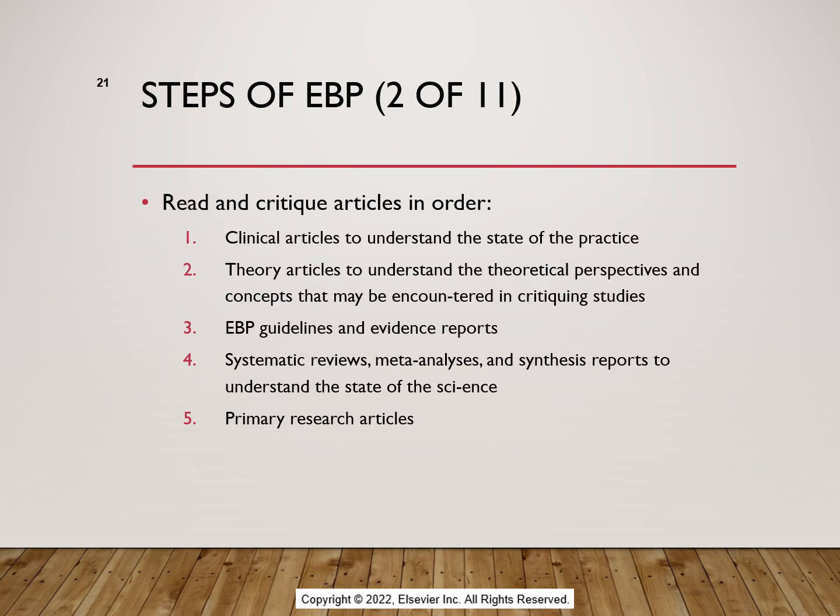You'll want to read and critique articles just the same way we've done in this course. This course really was designed to help you be that novice consumer of research. So you'll be able to be on that team of EBP or clinical practice guidelines so that you can improve your patient outcomes.